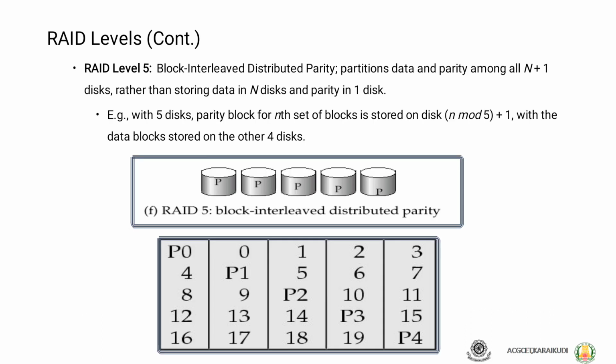This feature ensures that we still have access to the data from parity bits in case of a failed drive. Therefore, RAID 5 provides redundancy through the parity bits instead of mirroring.